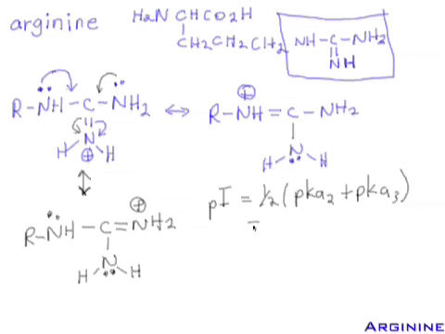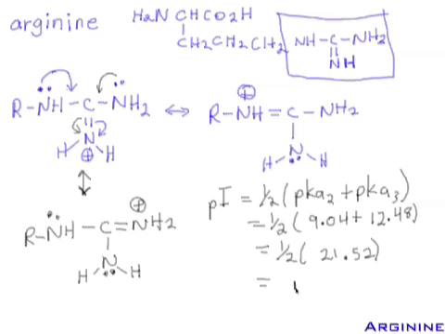Well, in this case, it's 1/2 of 9.04 plus 12.48. If I add these together, I get 1/2 of, so 8 and 4 is 12, 4, 5, 21.52.